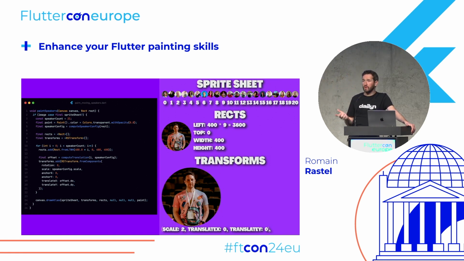But if you want to have different colors for each part of the sprite sheet, you can. You just have to provide, I don't remember which nullable parameter it is, but you can provide a list of colors. And the list has to have the same size as the rects and the transforms lists. You can also provide a blend mode if you want, and also a rectangle for a cullRect, and this is only used for optimization, I think.